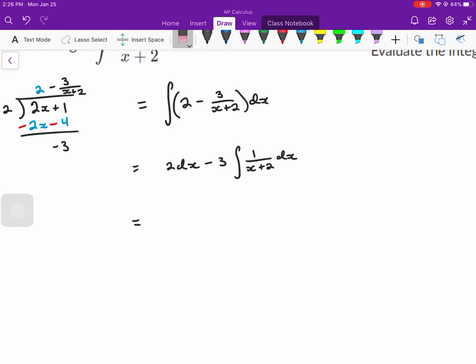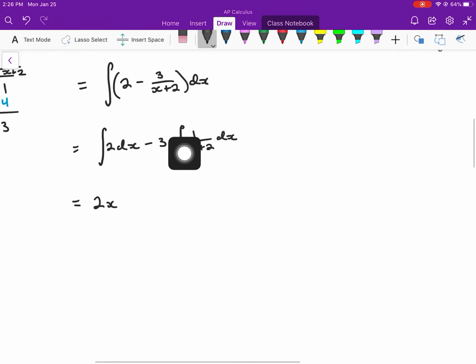Might as well take care of that, so that way that's done. Right, integral signs, they sometimes look great, other times not so much. So that's 2x. So let's figure out what's going on here. It's going to be minus 3 times something, right?